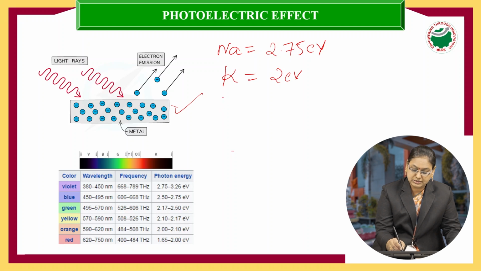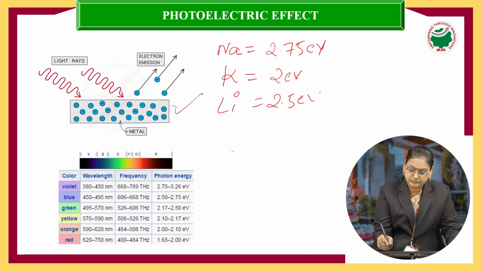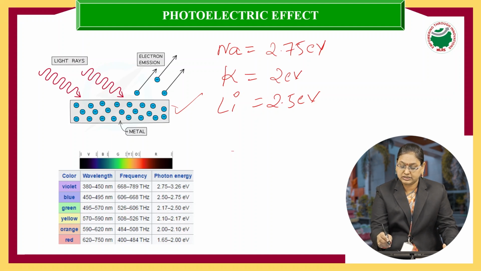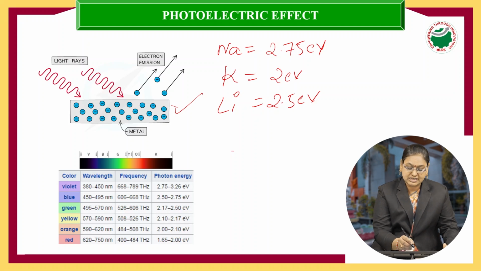And for lithium, it is 2.5 electron volts. So different metals require different energy for the electrons to come out of the metal. Here we take the metal surface as potassium.